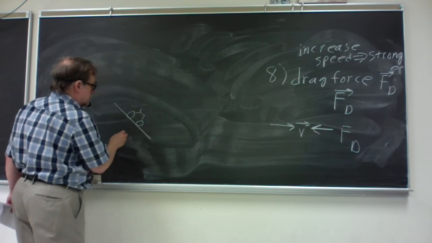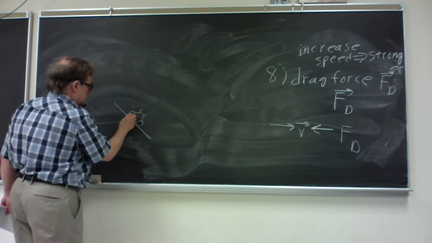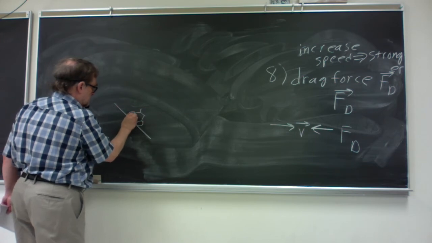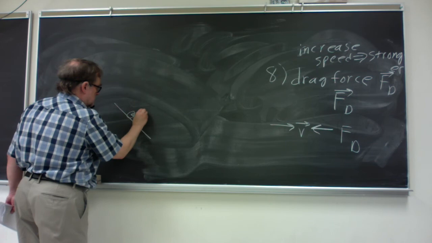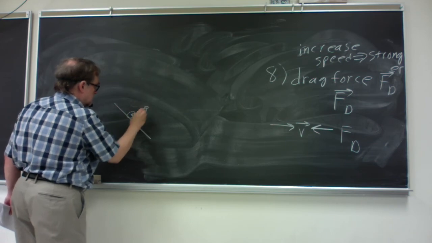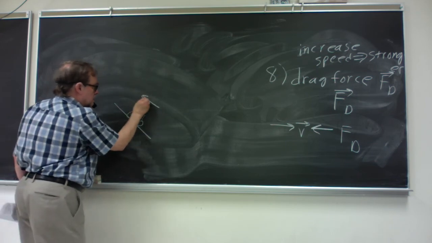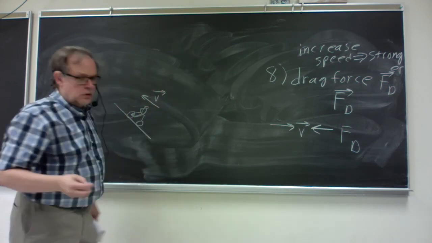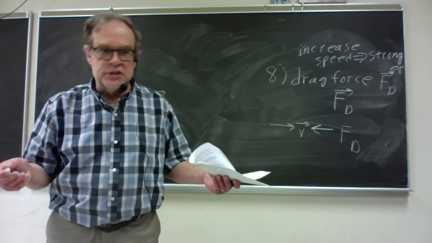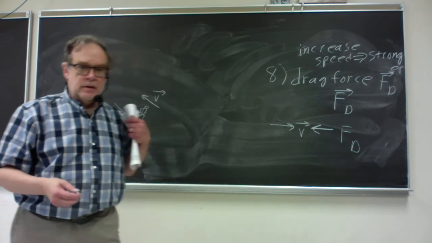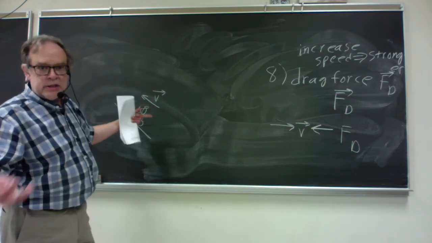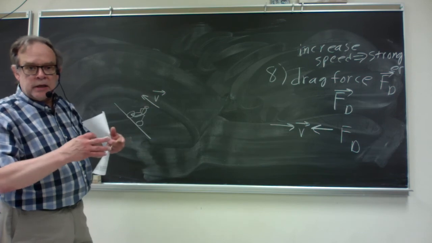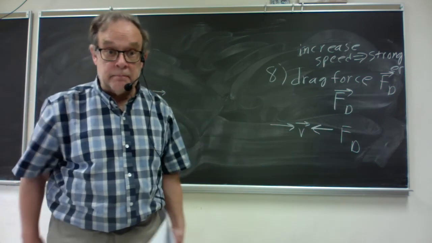So there's the cyclist moving uphill. What are all the forces on the cyclist? We'll take the cyclist plus the bicycle, combine them, and consider them just to be one thing.